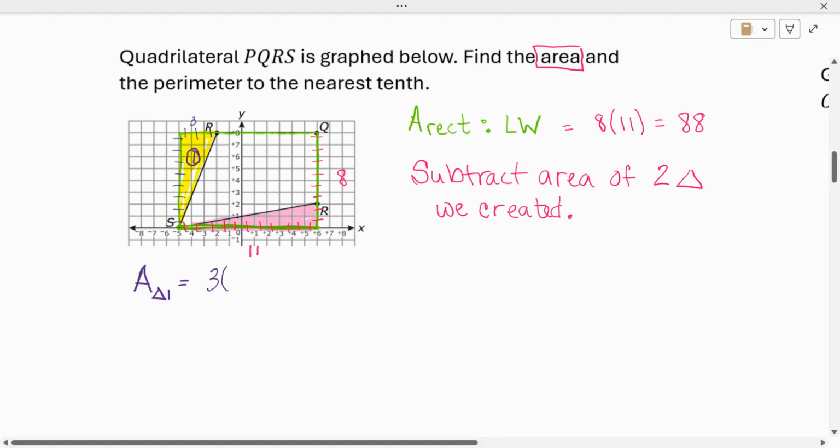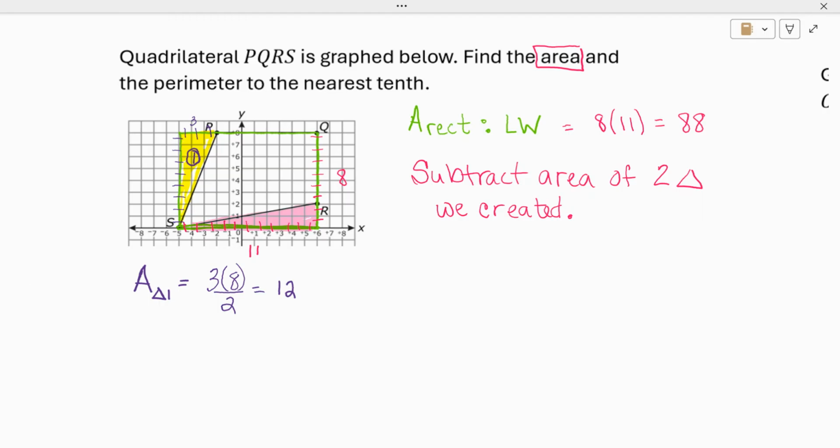So 3 times 8 divided by 2. What is 3 times 8? Feel like you can grab your calculator. 24 divided by 2 is 12. So the first triangle that we created has an area of 12. We added 12 square units onto that shape.